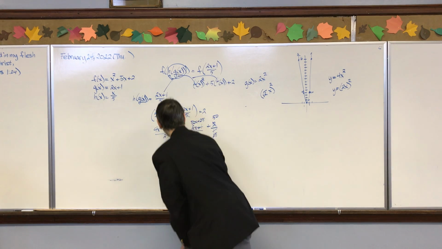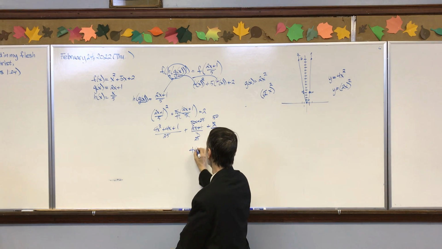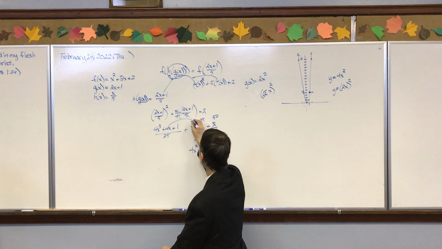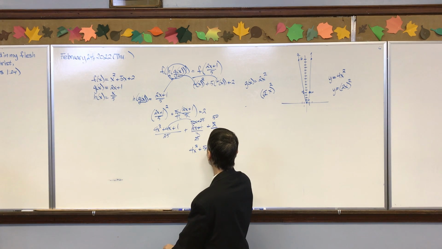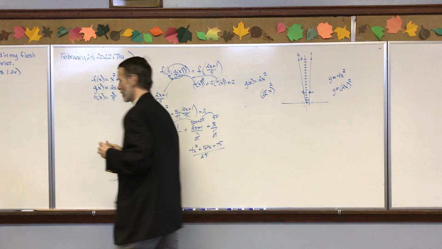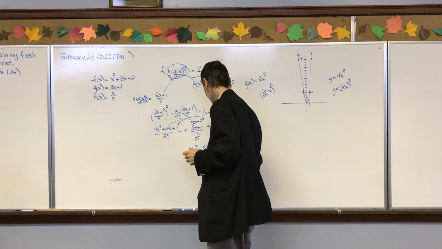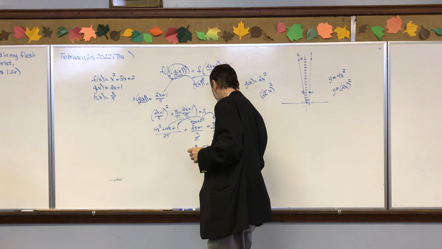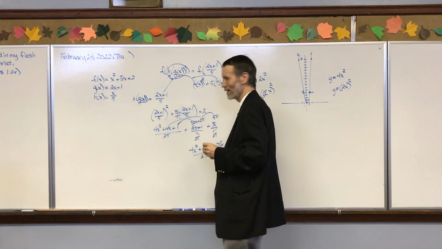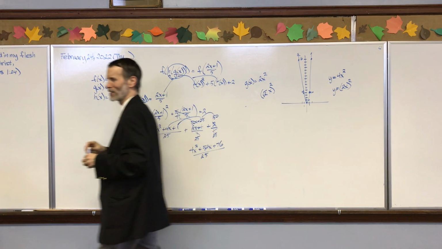Add the tops, you're going to have 4x squared plus 54x plus 75 all over 25. Did I say something? Oh, 76. I forgot the 1 over here. Ta-da. Does that make sense?